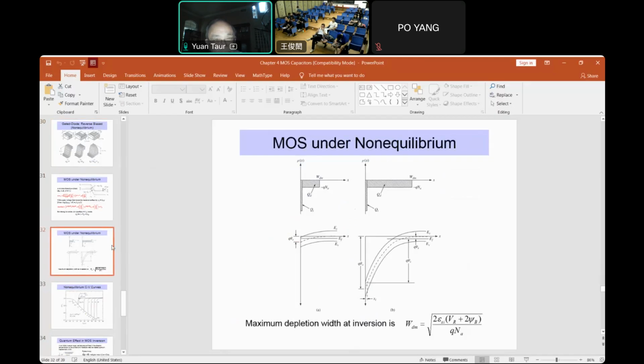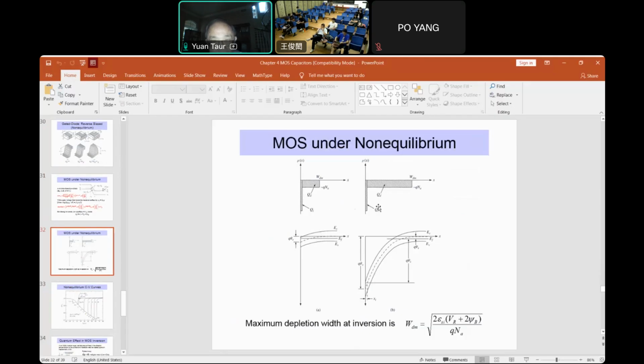When there's no bias, shown on the left, zero bias, that's the same as before. There's only one Fermi level, because everything is in thermal equilibrium. When you bend it by 2 psi B, the electron Fermi level becomes such that you have electron density the same as the hole density in the bulk.